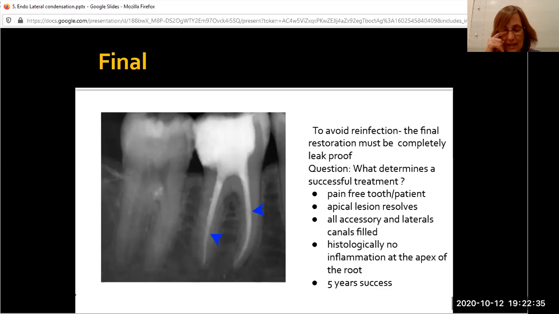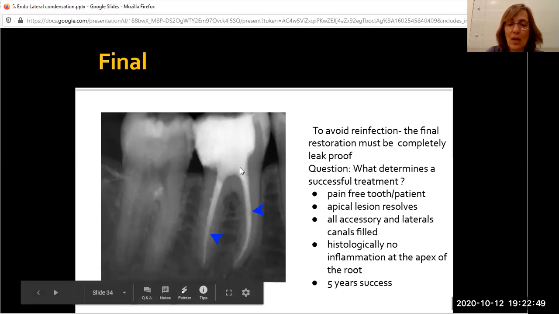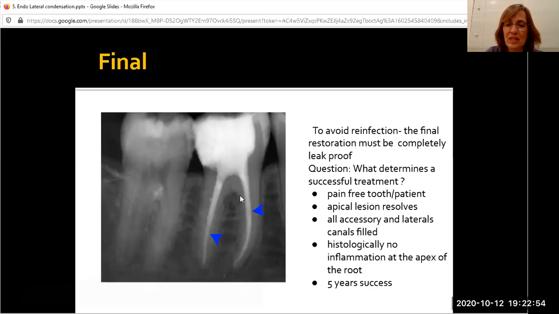When you put in the master cone Gutta Percha, you will take an X-ray to make sure that you're where you're supposed to be. And then finally, when you're done with the root canal and you have your final fill, you will take a final X-ray.